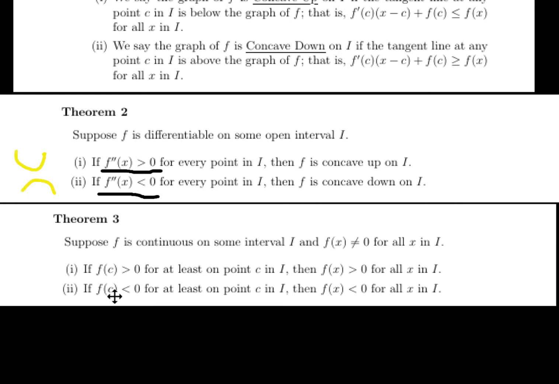And if it's negative for at least one point, then it's negative for the whole interval. That's why when we did sine graphs, we only have to check at one point in between zeros. And again, we haven't proven this theorem. We will do that in the next section using the intermediate value theorem.